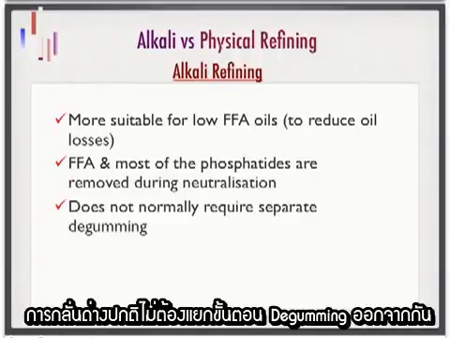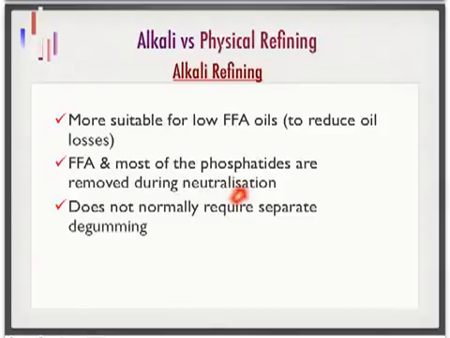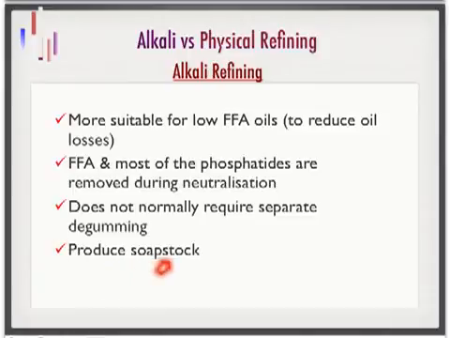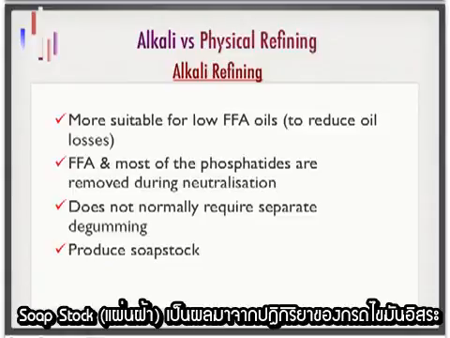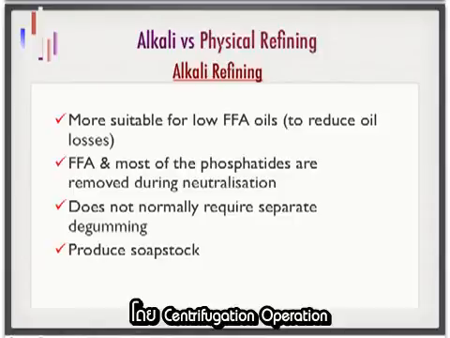Alkali refining does not normally require a separate degumming step, because during the alkali neutralization step, a significant amount of gums has been removed at this stage. One of the major differences between alkali refining and physical refining is the production of soap stock in the alkali refining process. The soap stock actually results from the reaction of the free fatty acid and the alkali, and this is usually removed by a centrifugation operation.